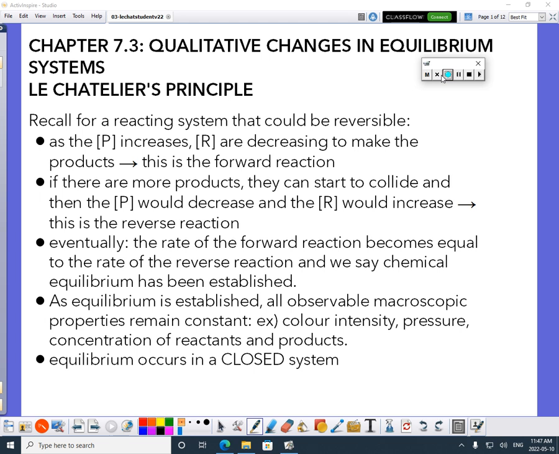The majority of the lab will be the analysis, analyzing what happened and why, what was the consequence. So today's 7.3 is just qualitative. Once we get to 7.5, instead of just doing increase and decrease, we're going to say by how much. We're going to do quantitative changes.